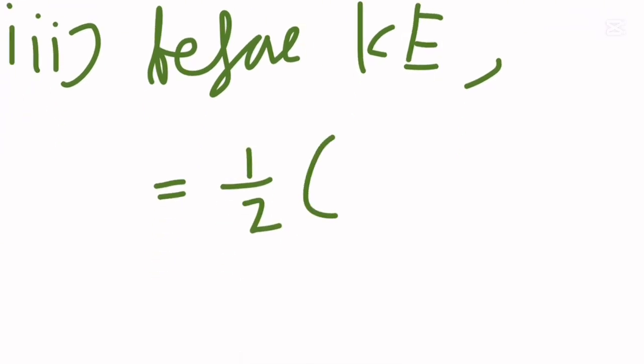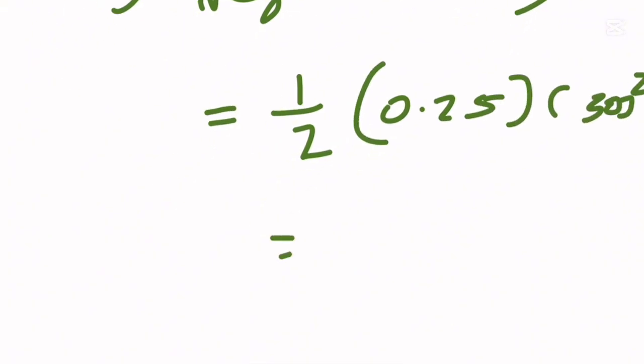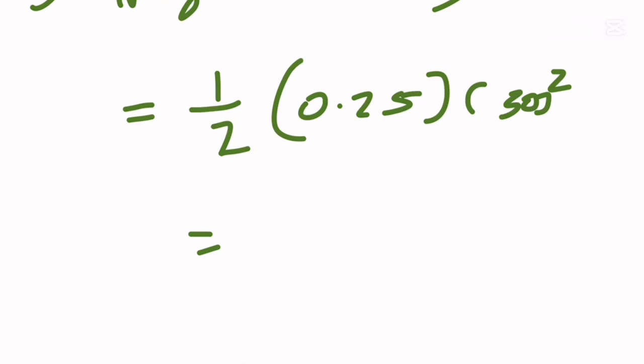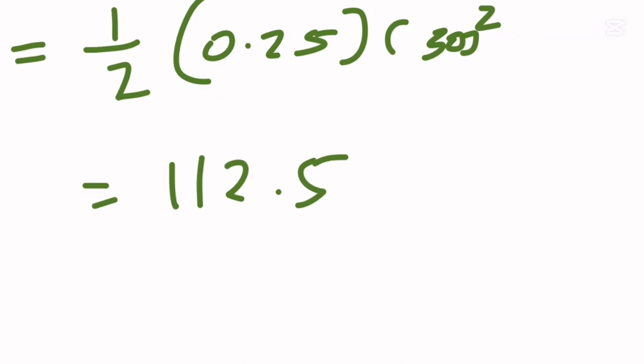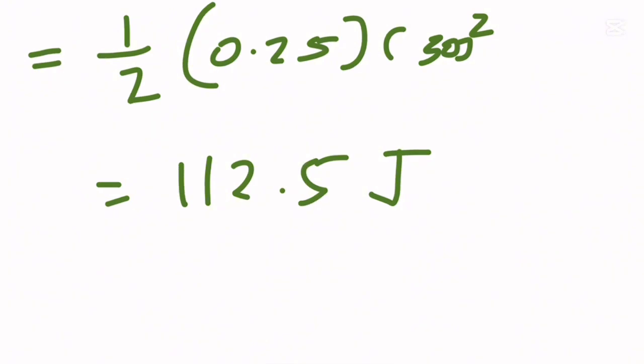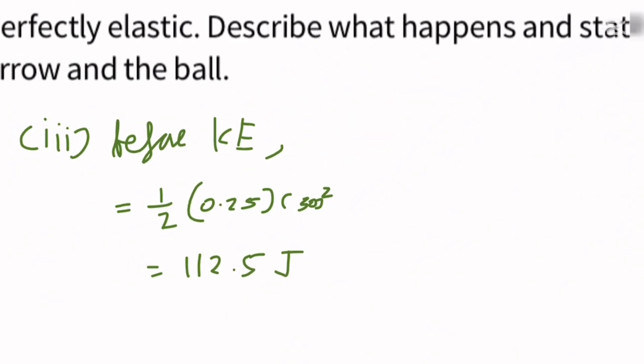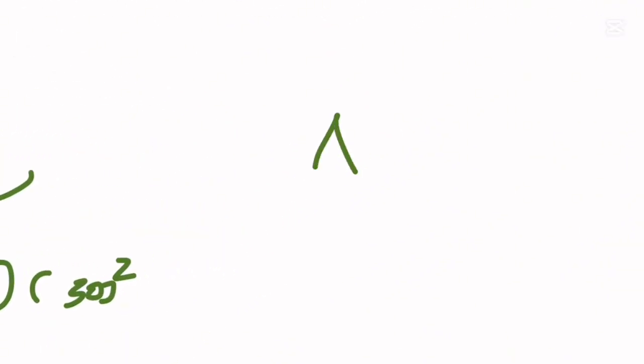We use the arrow's mass times the velocity squared, and then that will get 1/2 times 0.25 times 30 squared, which is 112.5 joules here, and then we have to calculate the kinetic energy after.